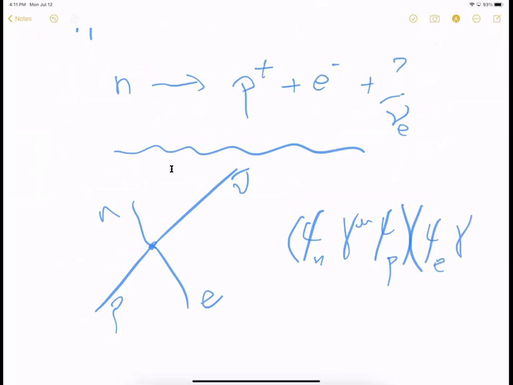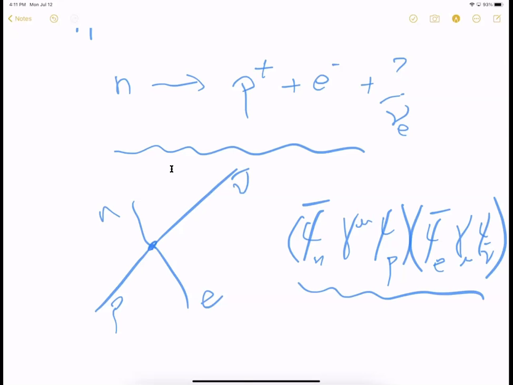And this doesn't really work, but it works really well. One of these is psi bar. But you build some sort of interaction like this that is a point interaction of 4 different fermions. And so you can turn that into neutron decay, something like this, where you get a proton, electron, and an antineutrino out.